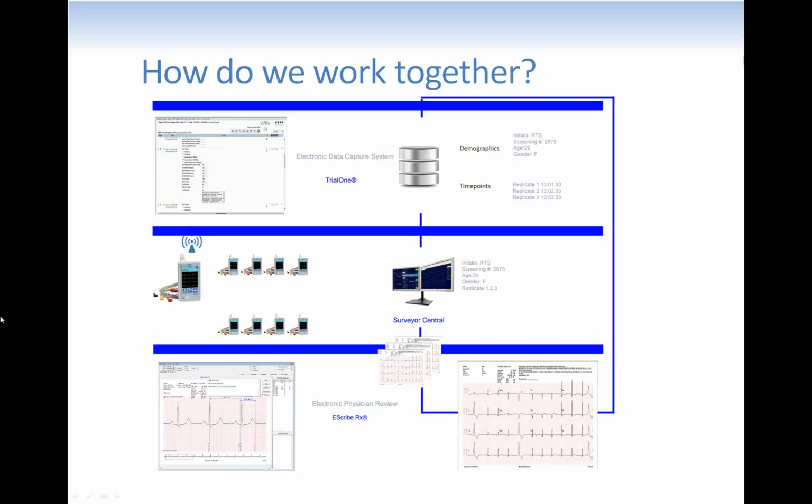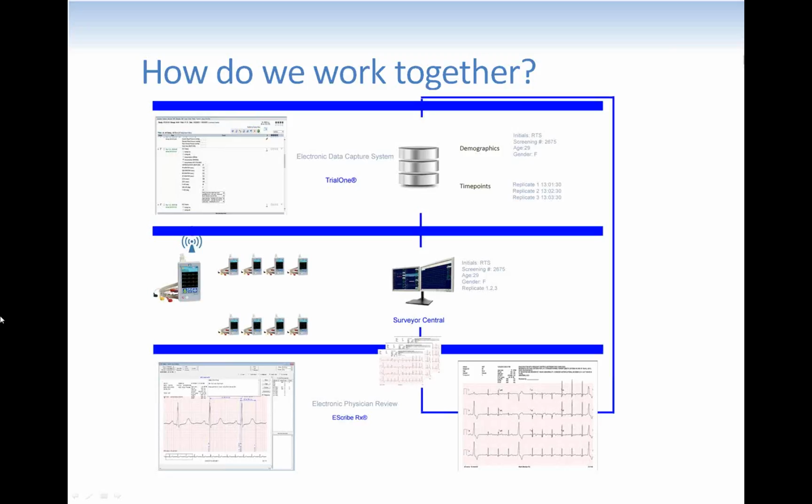on site. We would have an EDC system, trial 1, providing demographics, time points in the first panel there, and all of the information, again, would be moving back and forth bidirectionally between the two systems. We would know then in the second panel that we would be acquiring time points for each one of the subjects on the floor.